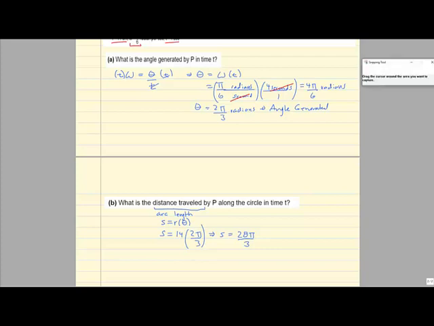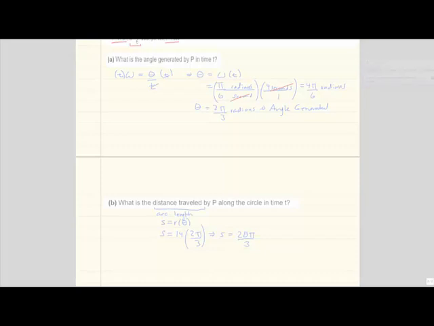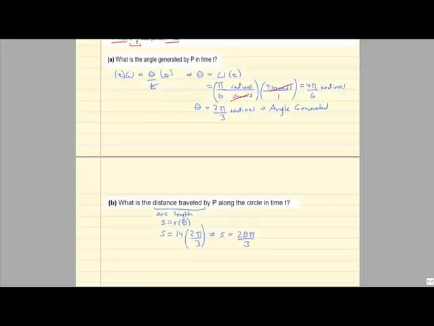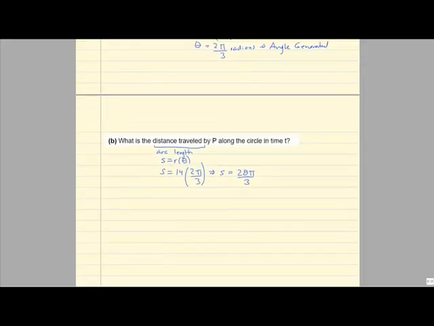Now for this third part, they're asking for the linear speed of the point. They've broken this down really nicely for us, a step-by-step process. So we should just be able to look at a formula for the linear speed of P. Our formula for linear speed would be v, for velocity, equals s over t.